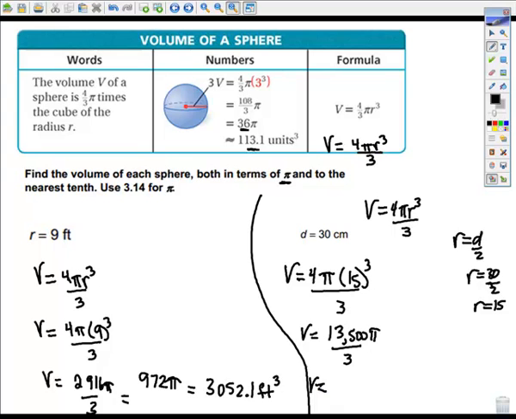If I divide that by 3, I get 4,500 pi. Now I'll calculate that: 4,500 times 3.14 gives 14,130, so it's exactly that, and this is in centimeters cubed.